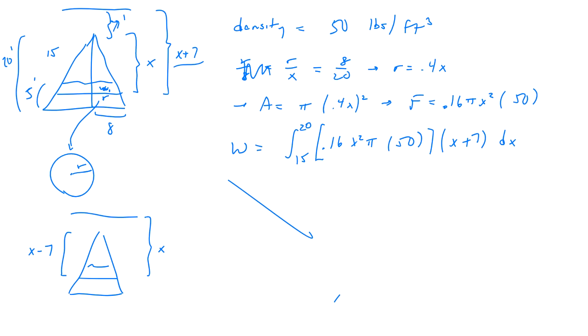You can see I've just switched the two. And everything else is pretty similar, so I'll just go straight to this, which is now my x. In this first part, wherever I see x, I'm going to make it an x minus 7. So I'm going to get area is equal to pi times 0.4 times x minus 7, all quantity squared. And force then is equal to that times 50.